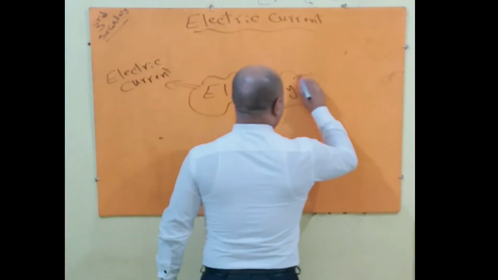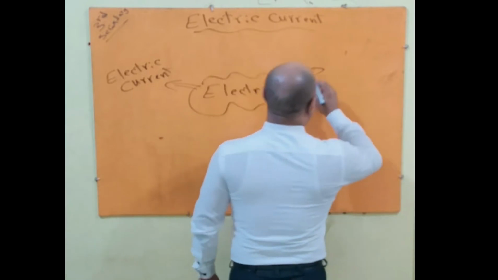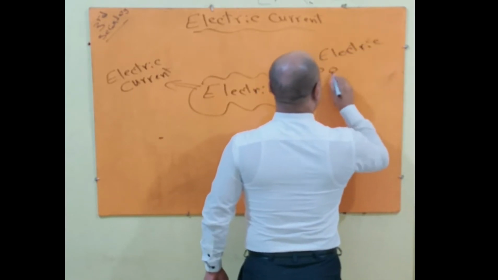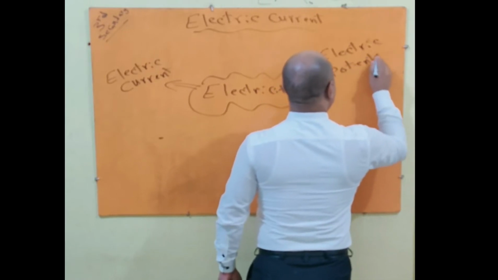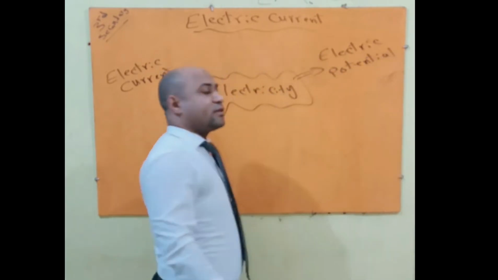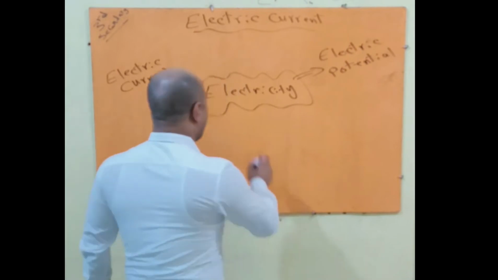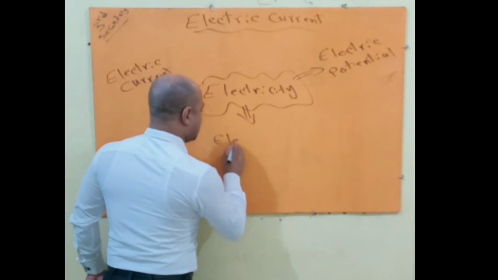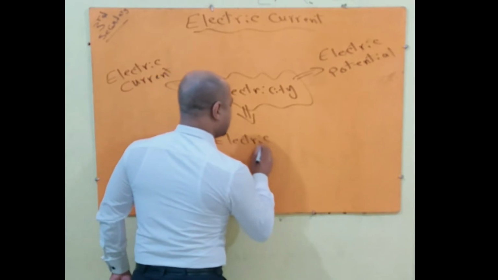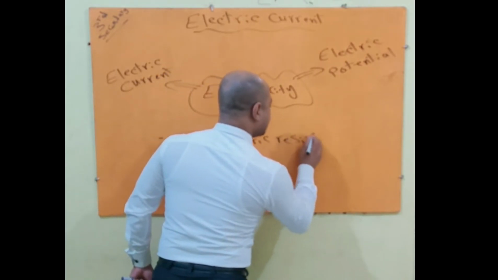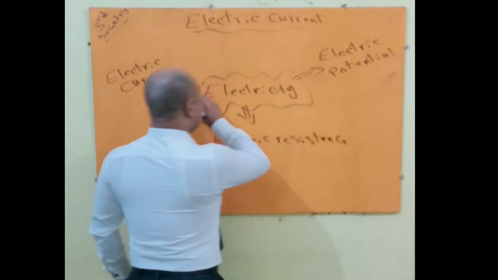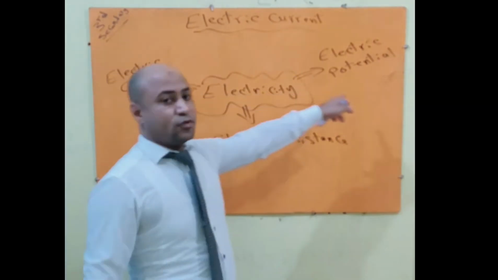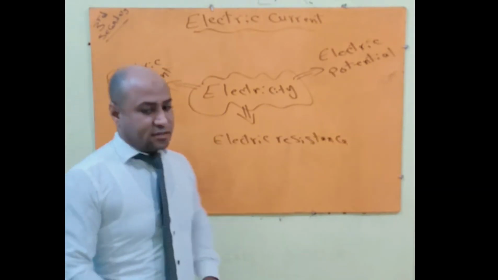The second concept is electric potential, and later we are going to talk about electric potential difference. And the third concept is electric resistance. These are the main basics of electricity: electric current, electric potential, and electric resistance.